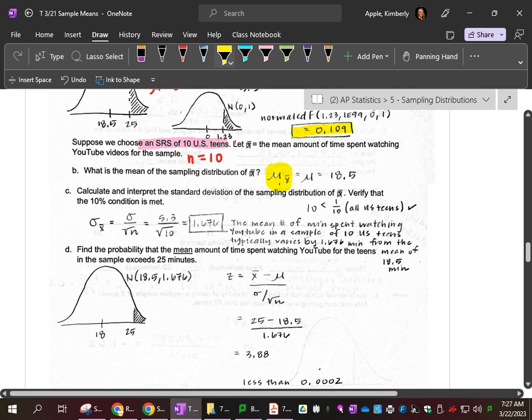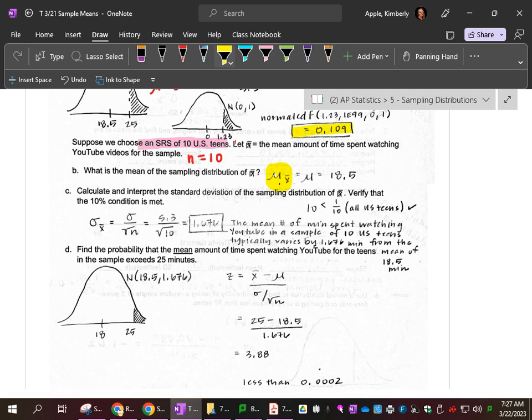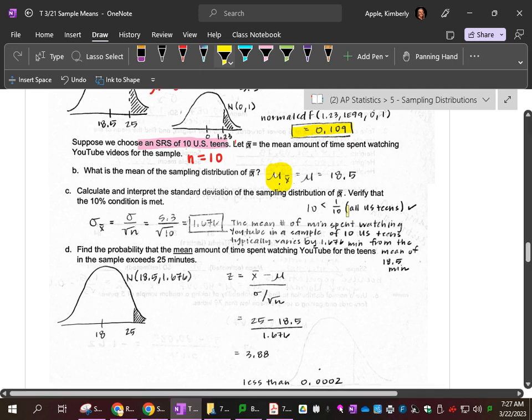Next is to calculate and interpret the standard deviation. In order to calculate the standard deviation using this formula, we must verify that the 10% condition has been satisfied. And so recall that the 10% condition states that the sample size is less than or equal to 10% of the population size. And so that's what you see here.